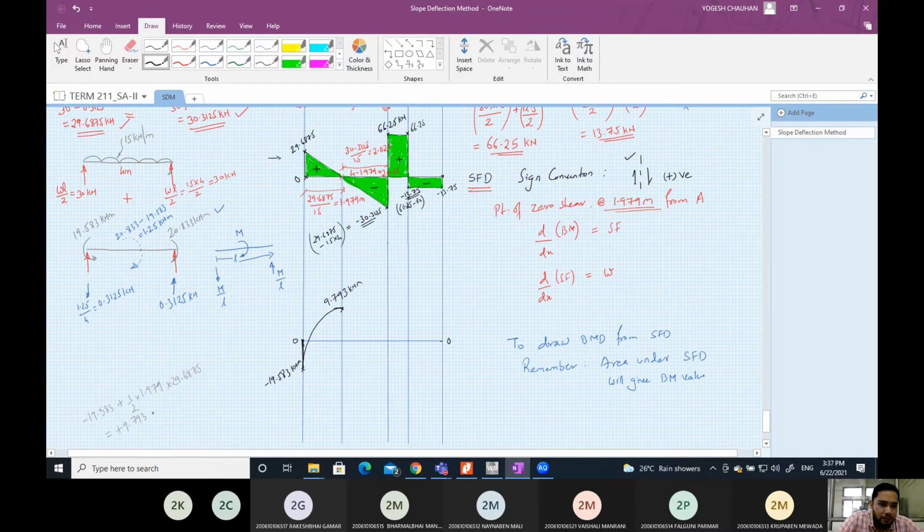Now this value is 9.79. You want to find the bending moment at this point, so you have to add this area. Note that this is a negative area, so you have to deduct it.